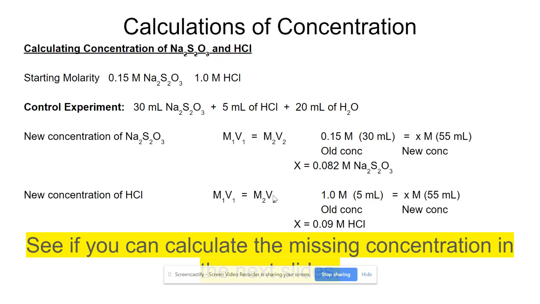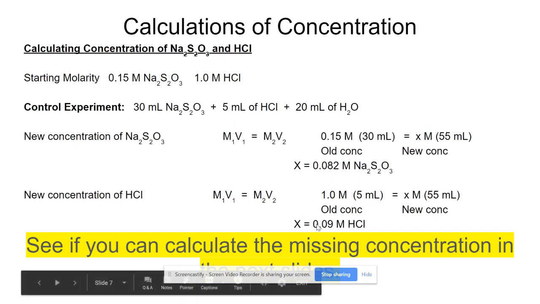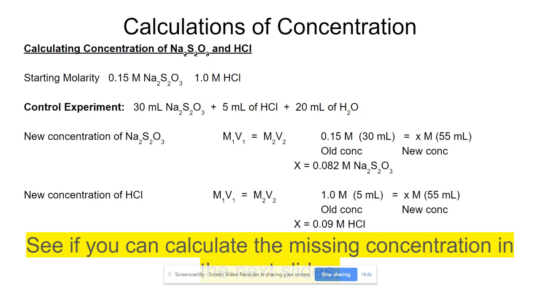And then V2 again is always 55 milliliter. These are supposed to be your final concentration during reaction. Again, we only care about the concentration during reaction because that's when we're trying to investigate how different concentration will affect how things will react.